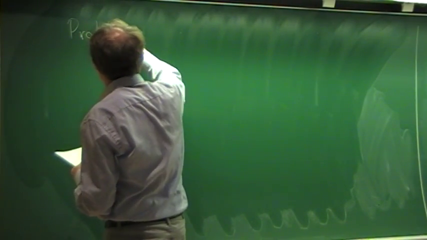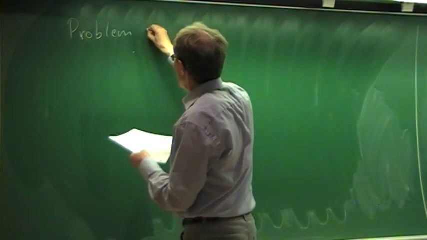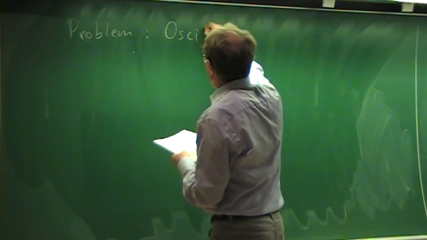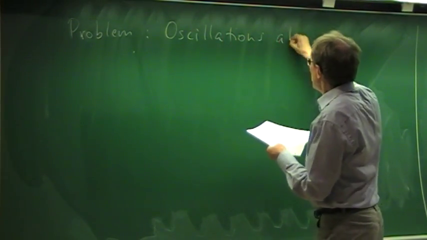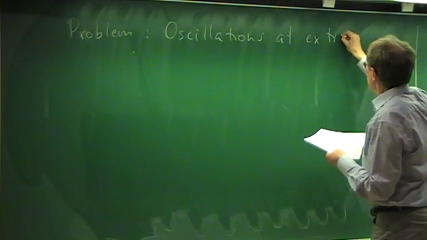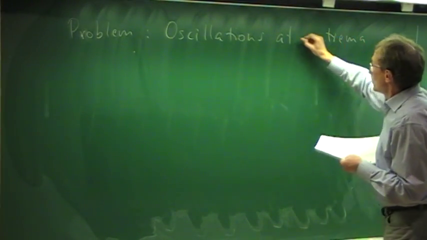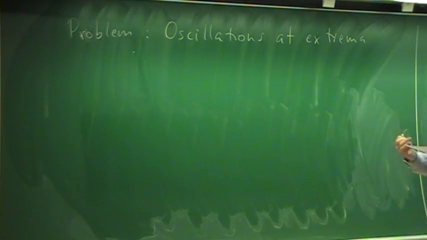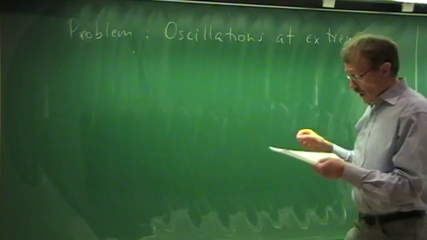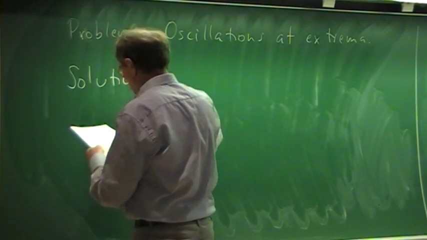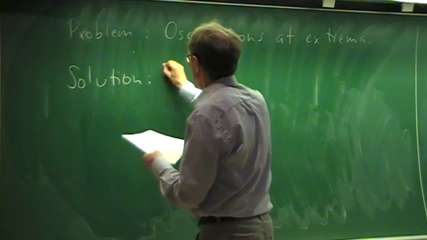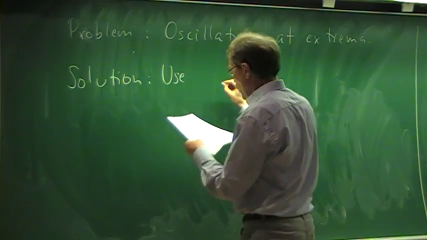So the problem with this approach that we just characterized are oscillations. And they occur actually at extrema. And I have of course chosen an example for that. There we have a maximum in our example. However, there is a nice solution to that. The solution is the use of what is called slope limiter.